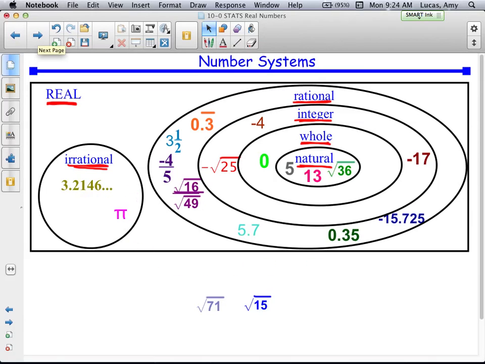Pi is irrational. So I call those bad decimals. They don't end, and they don't have a repeating pattern. Square roots that are not perfect squares give you just that type of a decimal. So square roots that are not perfect squares, pi, and bad decimals that don't repeat and don't end. That represents our irrational set.